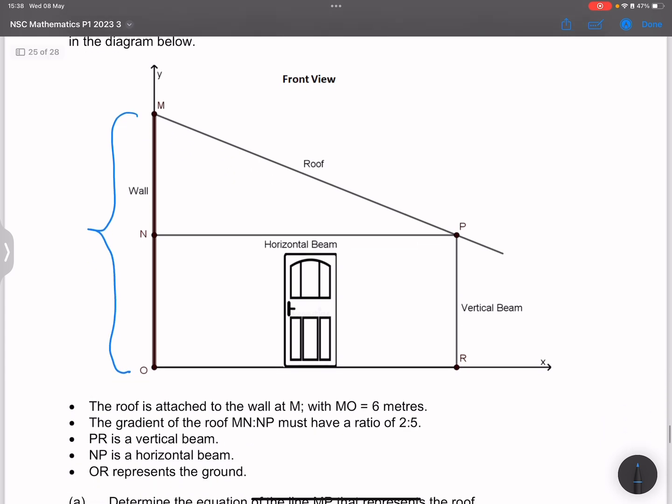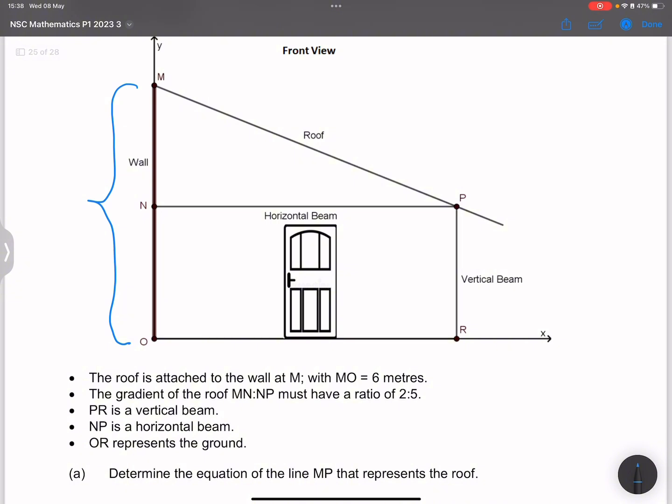They say the roof is attached on the wall at M with MO being 6 meters. So they are telling us that this MO is 6 meters. And they tell us that the gradient of the roof MN to NP, which is this guy here, is 2:5.